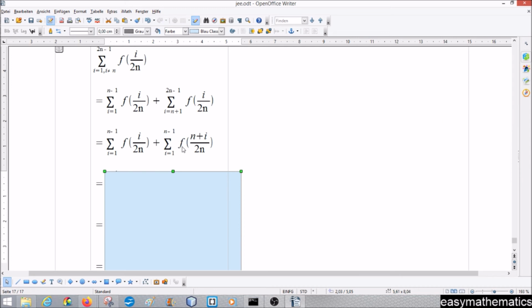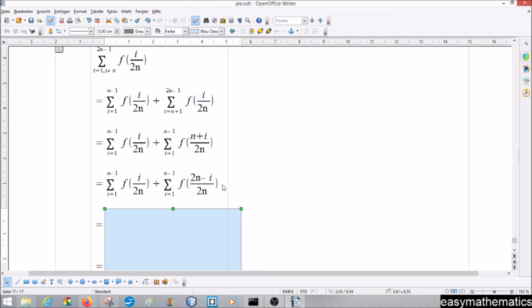And now we want to separate this ratio, but in a clever way. We change the order of summation. Instead of summing up from i up to n minus 1 of n plus i, we make the order from i equals 1 up to n minus 1 of 2n minus i.